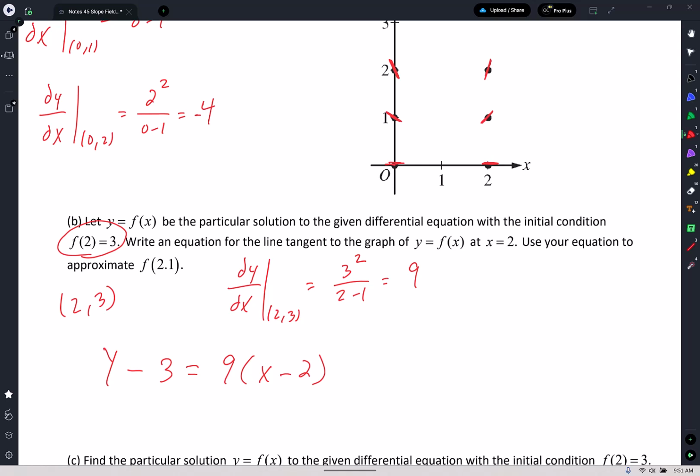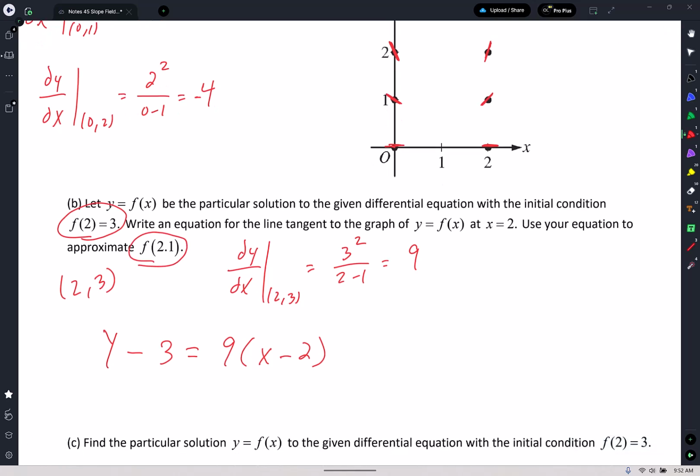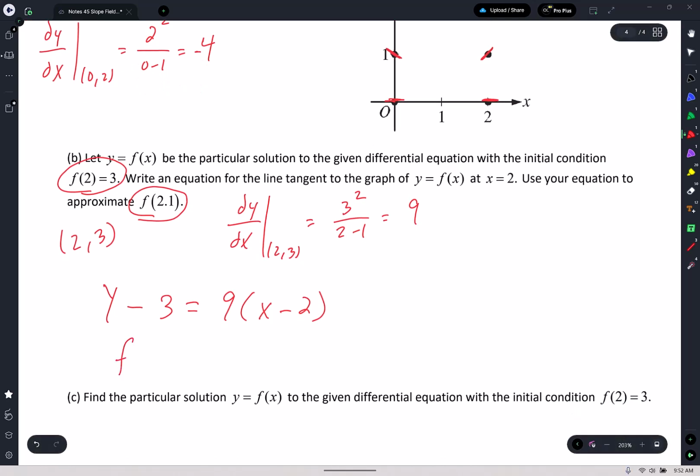Cool or not cool? Now what am I going to do? I'm going to use that to approximate f of 2.1. So here's how you do it. Guys, by the way, if you're scared that you're going to make a mistake, I'm going to tell you where to stop. I'm going to go f of 2.1 is approximately, I would like for you to put the approximate symbol, but if you don't, that's fine.